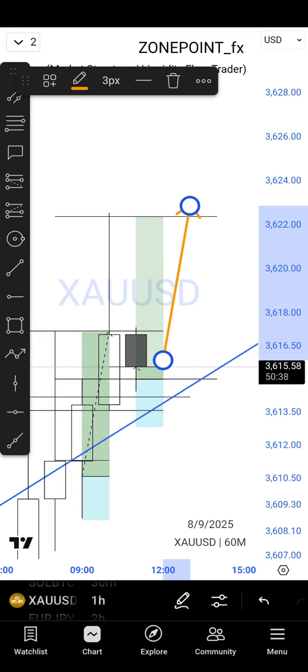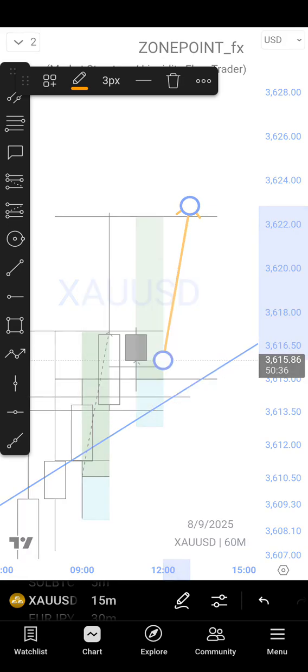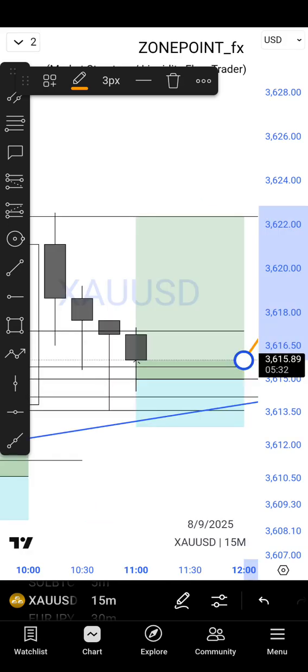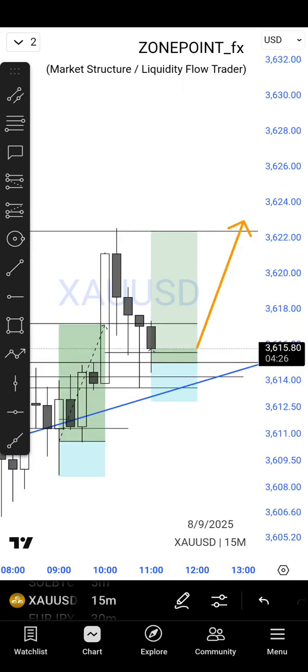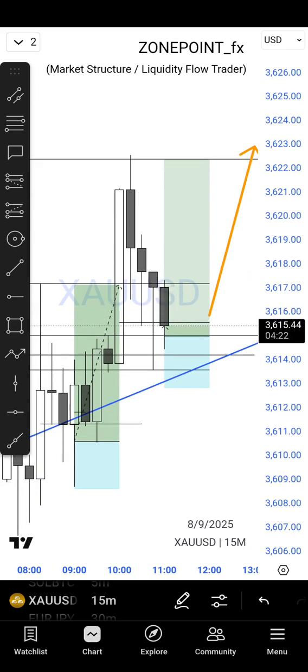So let's just watch it together. We cannot see how it's playing out. The market is still moving up, moving down, moving up, moving down. But I can strongly say that market is moving.